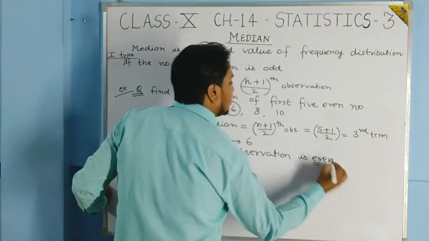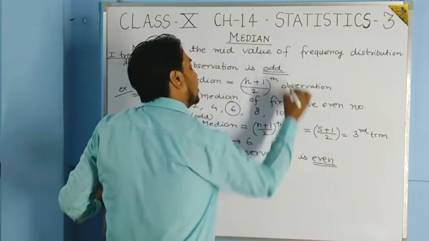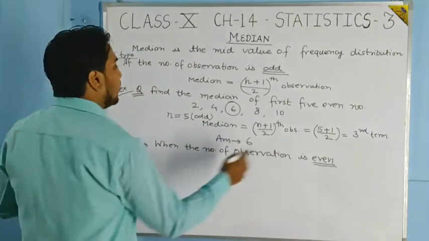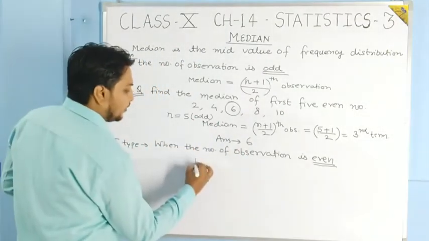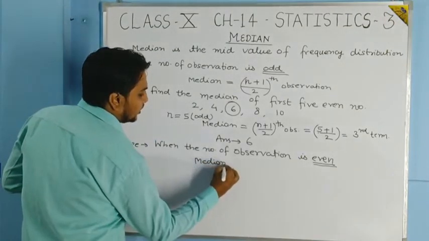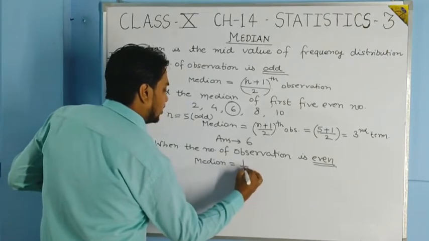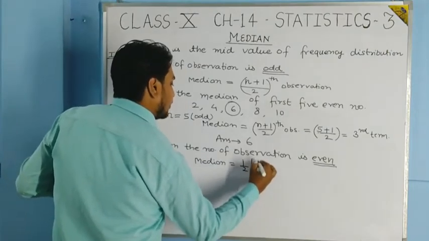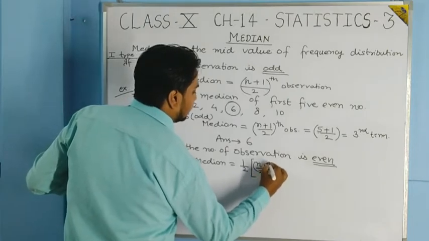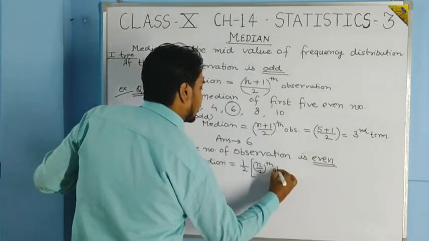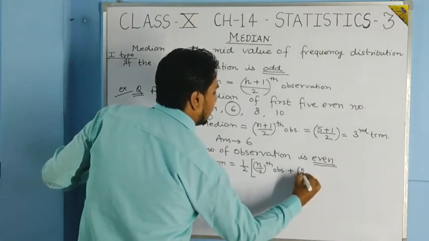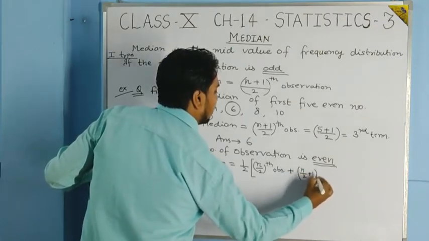Students, you have studied about odd, and now you are going to study about even. Okay, so the formula for the median for even number of observations is 1 by 2, then n by 2th observation plus n by 2 plus 1th observation.